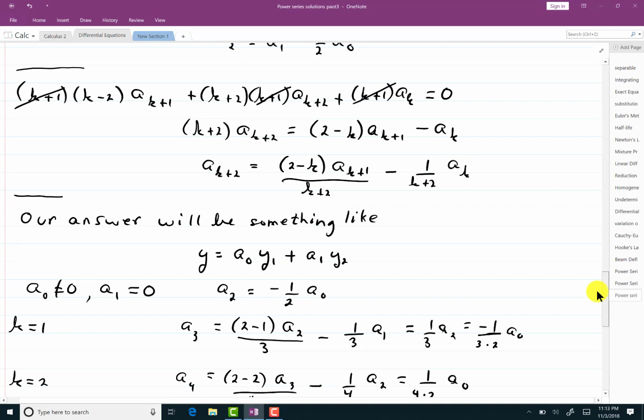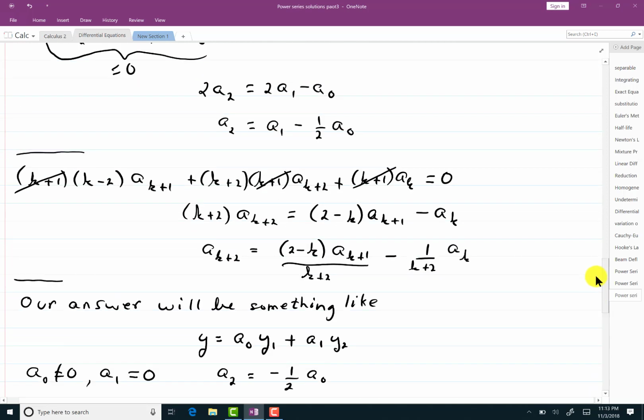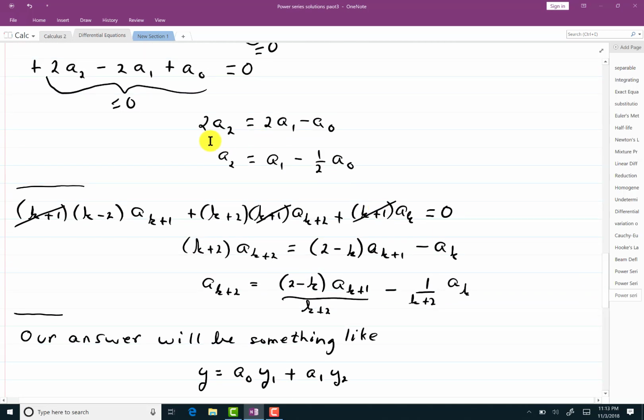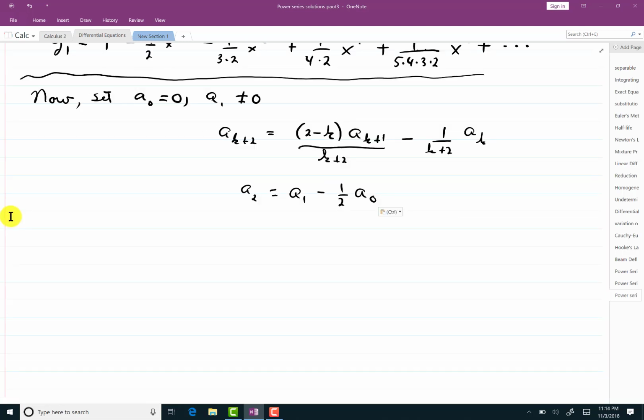And we also had this here. Now, since a sub 0 is equal to 0, I have a sub 2 will equal a sub 1. And then for the rest of the things, I'll use this up here.